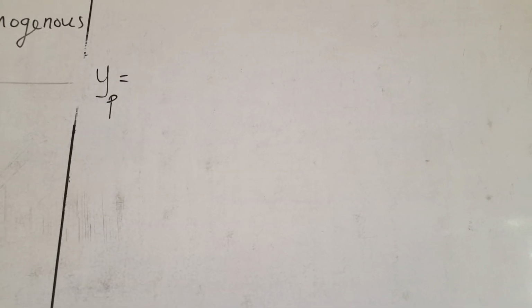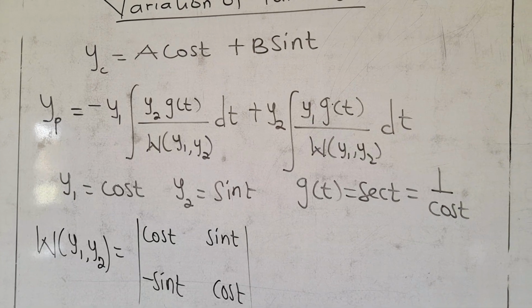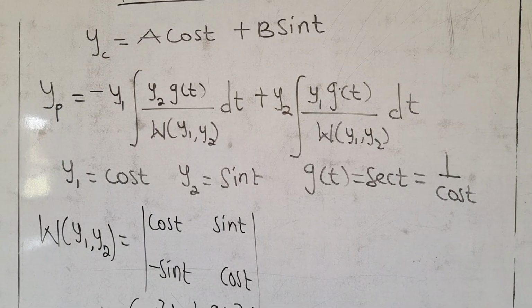So our y of p, remember, is negative y1, and our y1 is cos t.